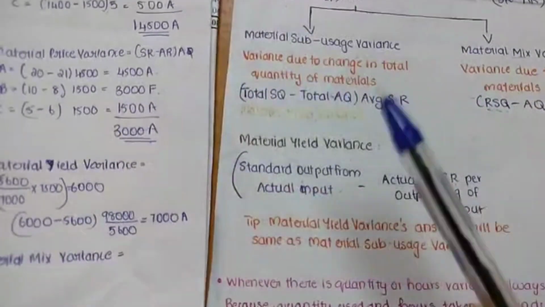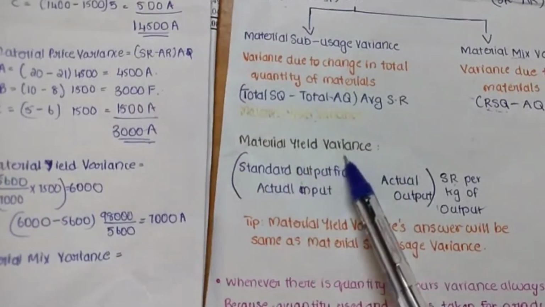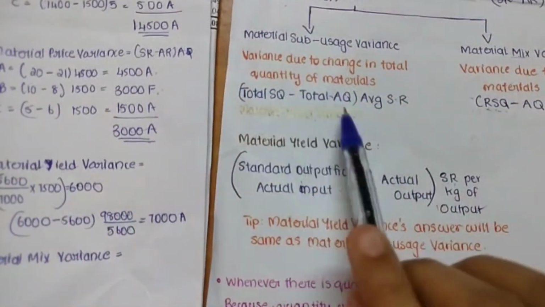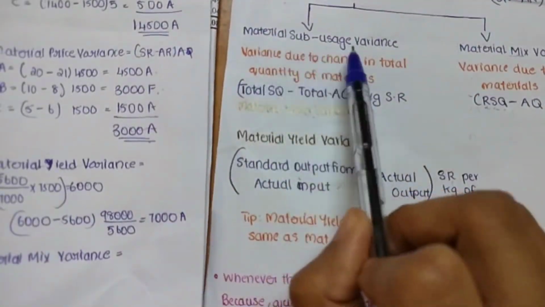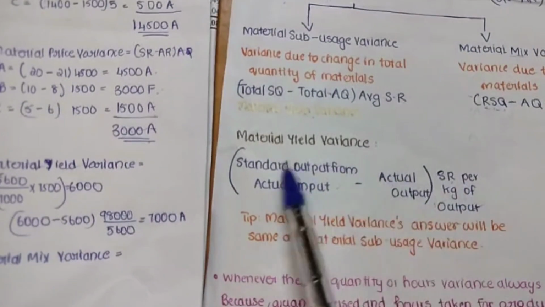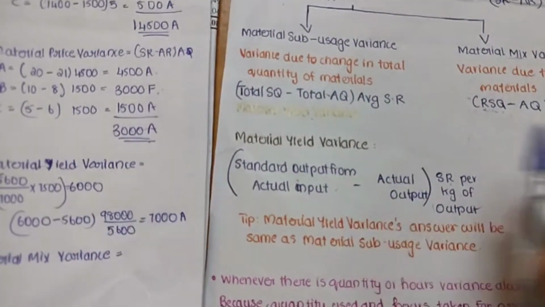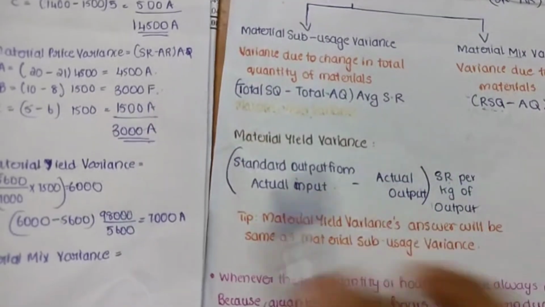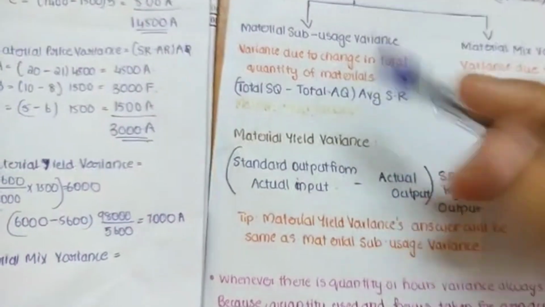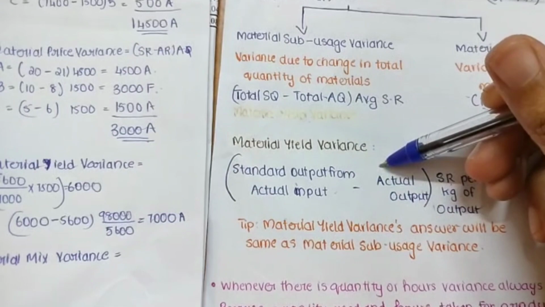For both material sub-usage and material yield, the answer will be the same, but still the way of doing it is different. You cannot write material sub-usage variance and then do the formula of material yield variance. If you are going to do material yield variance, you have to write material yield variance itself, write the formula and then start computing. So I'm going to show you how material yield variance is to be computed.